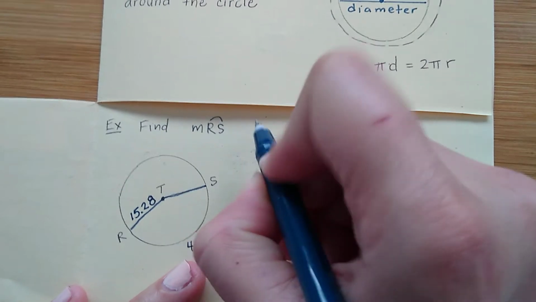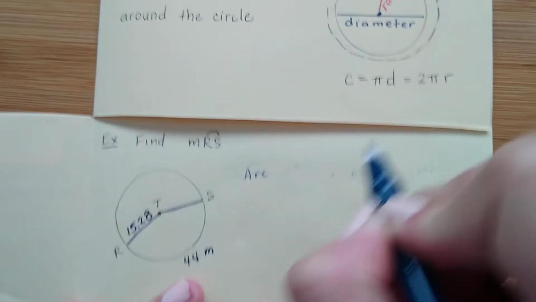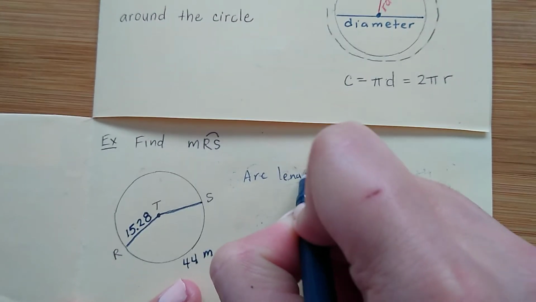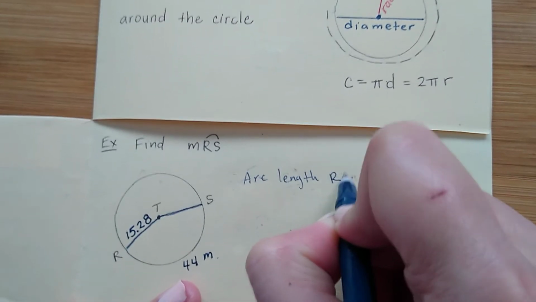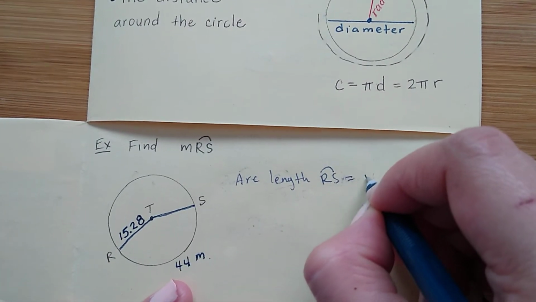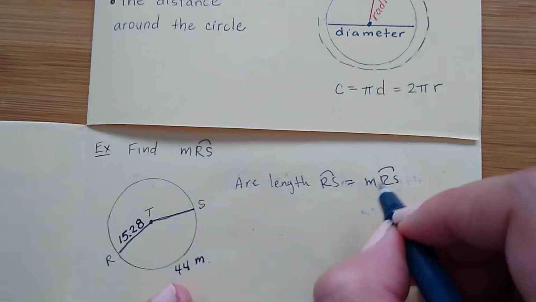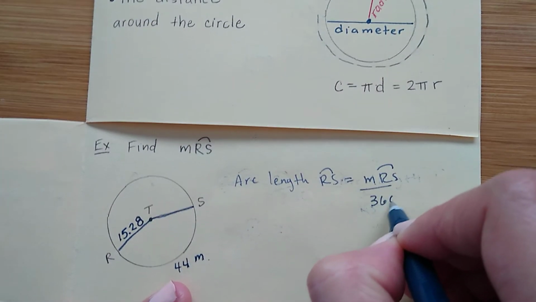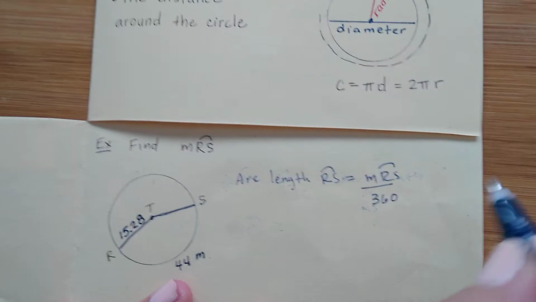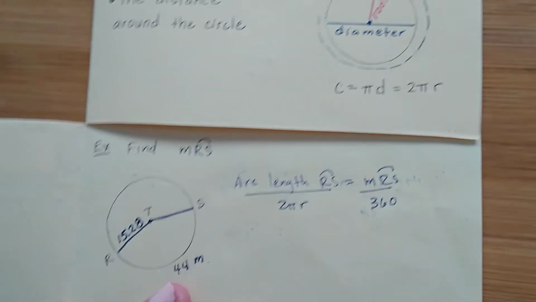So we have the arc length of RS equals the measurement of arc RS over 360 times 2 pi r.